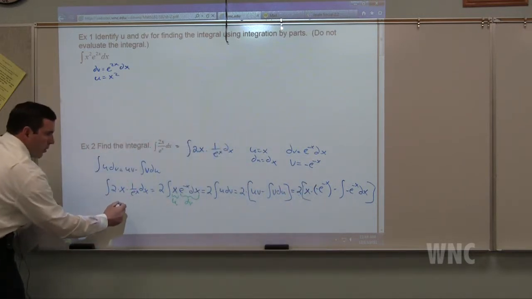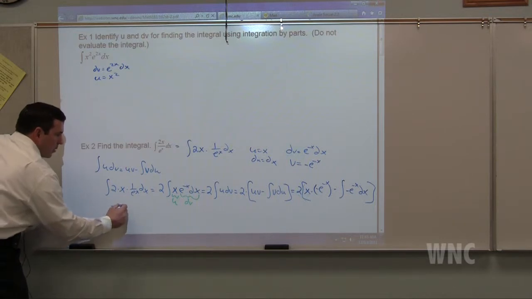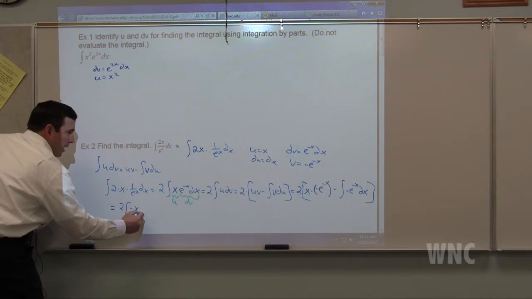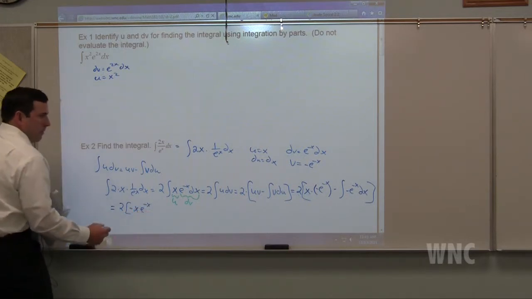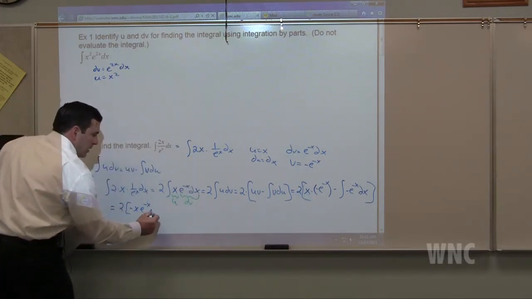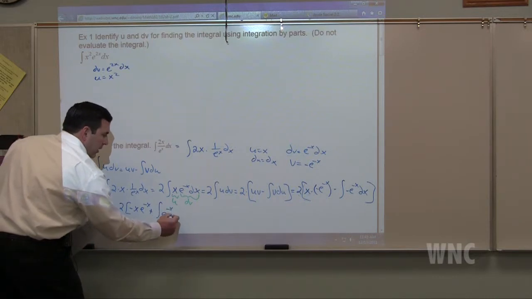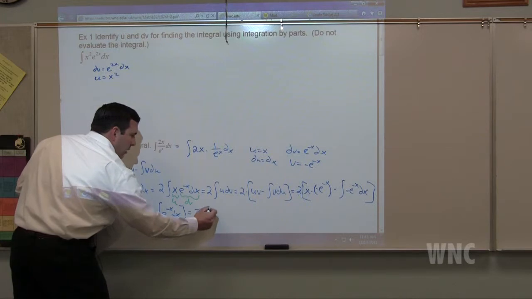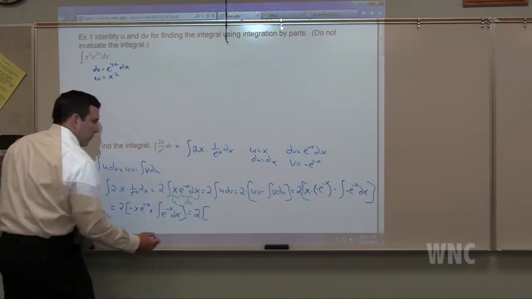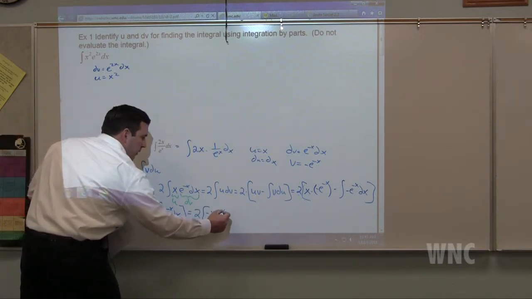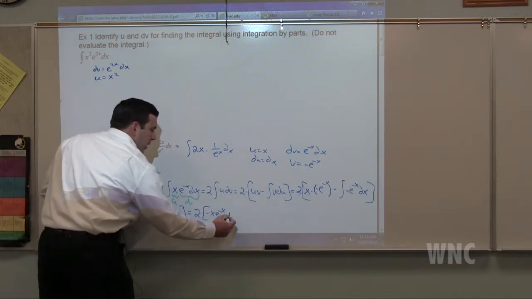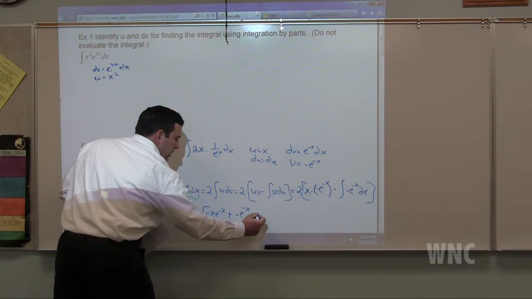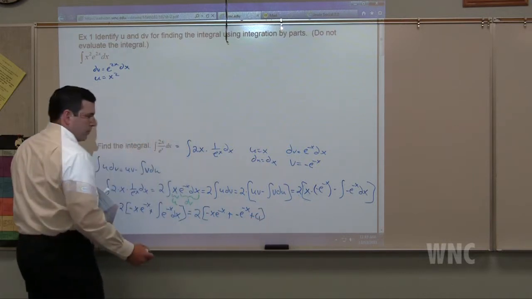That's going to be 2 times the quantity negative x e to the negative x, minus negative is plus the integral of e to the negative x dx. That's 2 times the quantity negative x e to the negative x, plus this antiderivative, negative e to the negative x, plus c1.